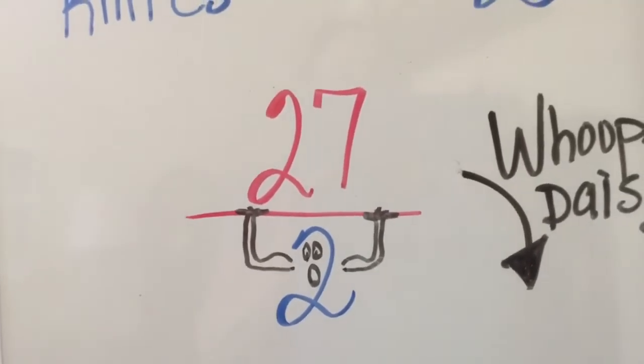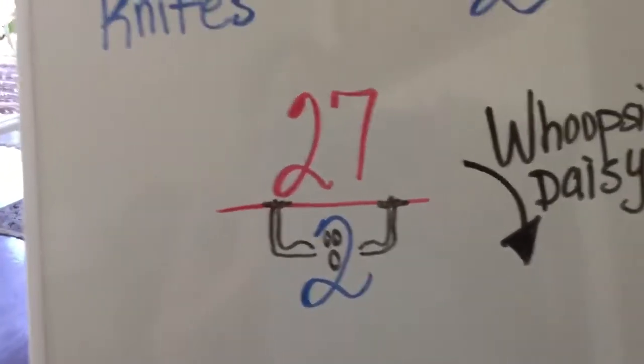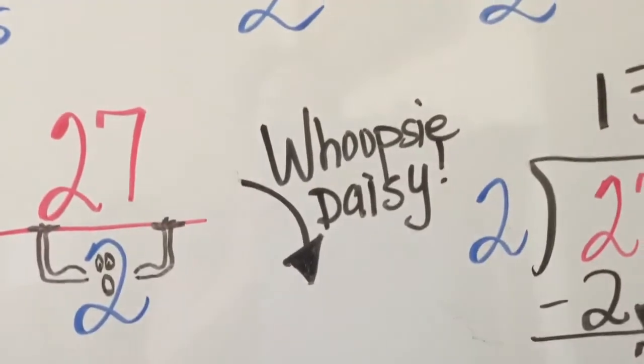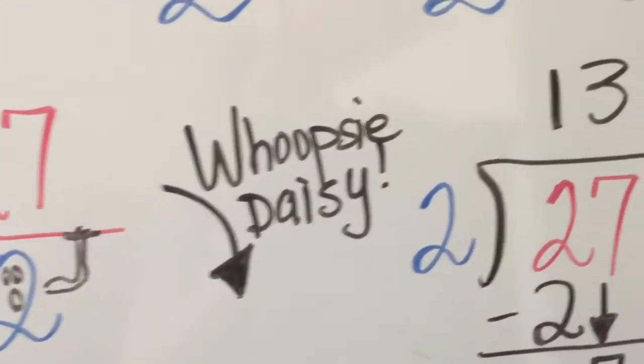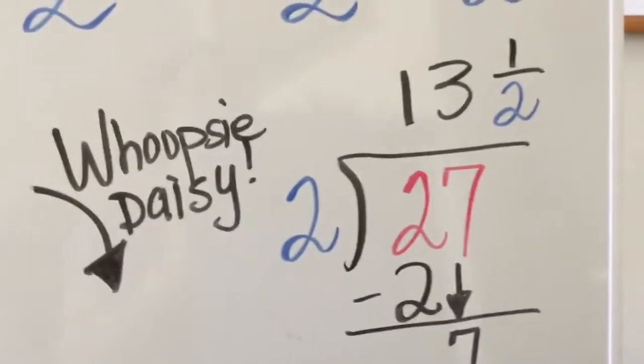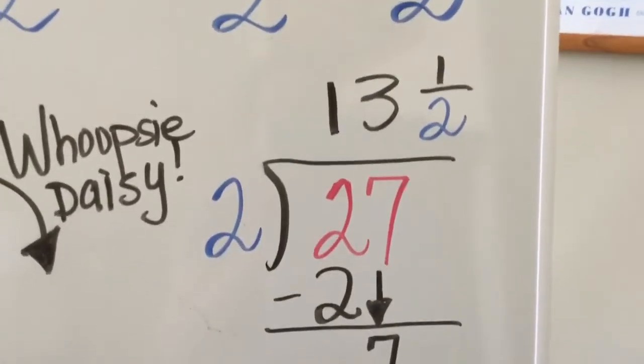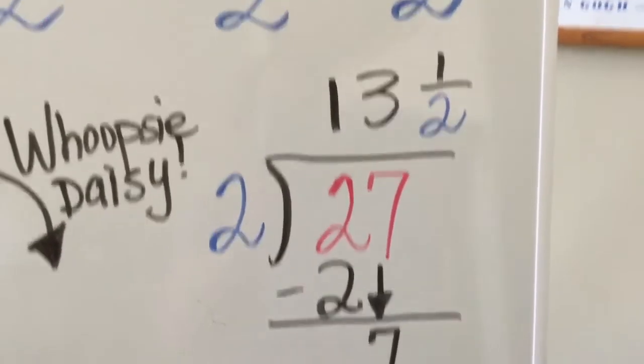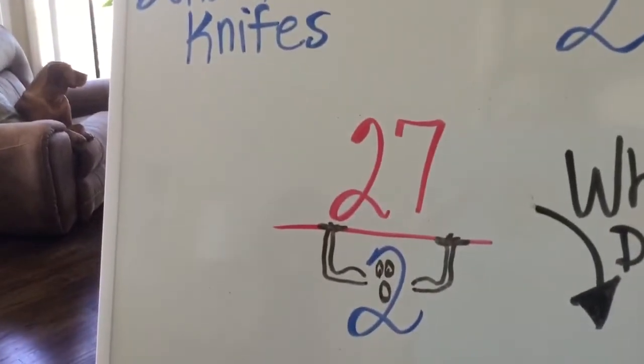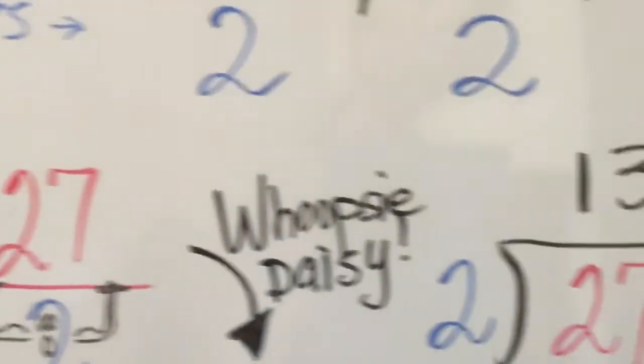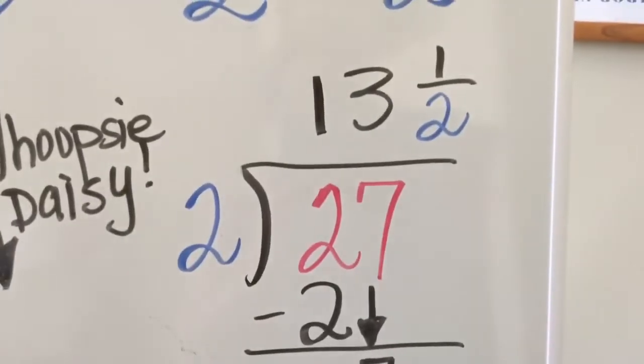So what's going to happen with this irregular fraction is it's going to have to fall down. Whoopsie daisy. And the knife is going to be set up to cut the cake on our division problem. So this 27 halves is the same as 27 divided by 2.